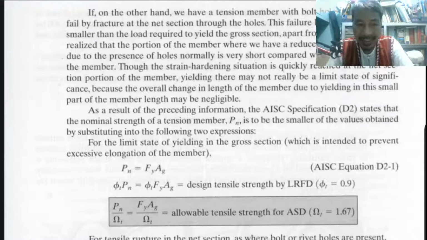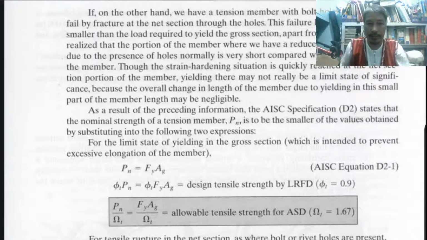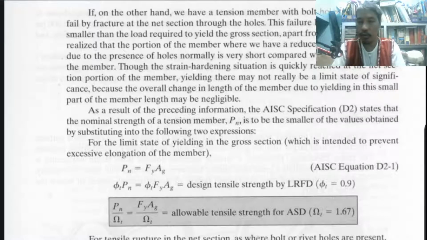So the nominal strength of a tension member is to be the smaller of the values obtained by substituting into the following two expressions. This is the specific suggestion by AISC specification D2, for the limit states of yielding. So take note, there are at least three types of strength limit state.